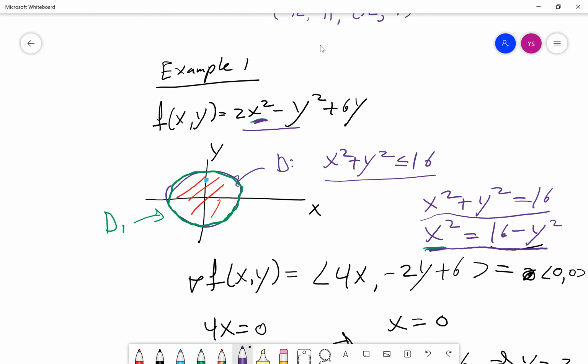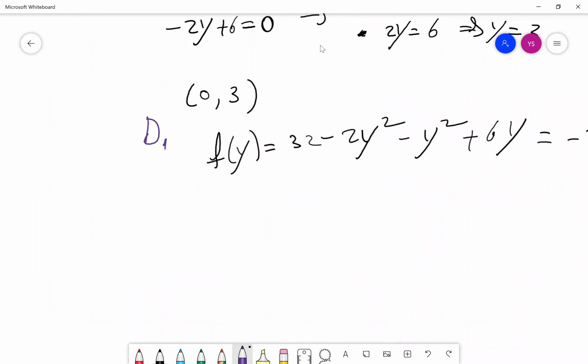So y goes from down here, that's the most extreme that it is at -4, all the way up here to 4, right? Those are the parameters that you have for y. Of course, sometimes x is positive, sometimes it's negative, but y goes from -4 at the bottom part up until 4 at the top part.